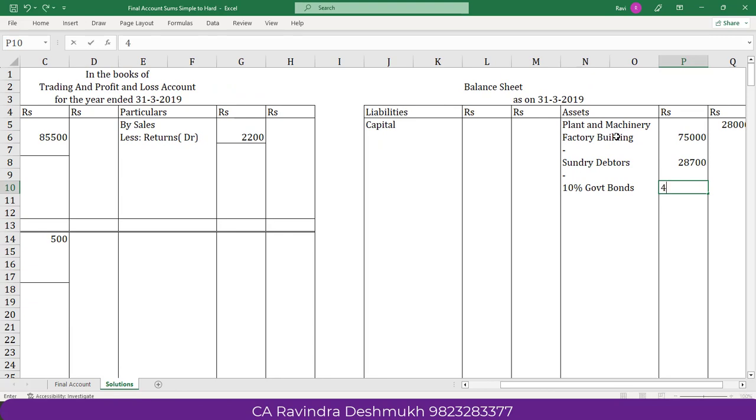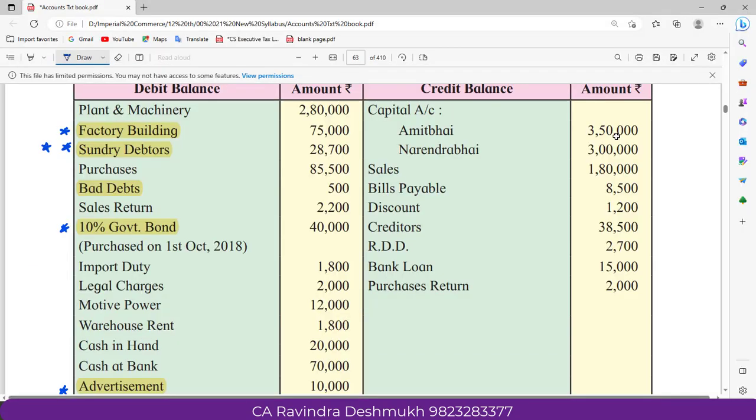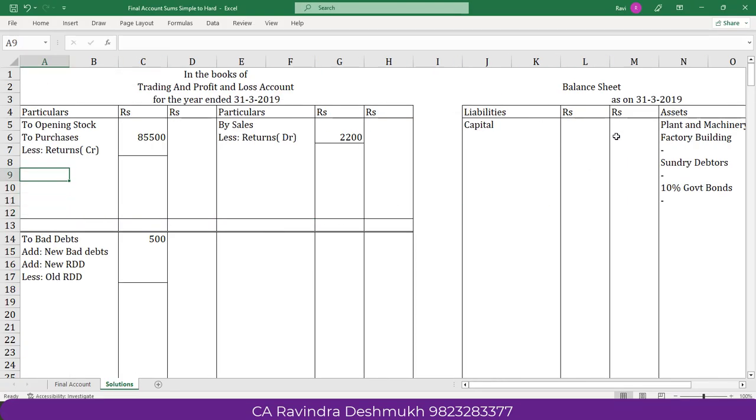Asset side 40,000, but since there is an adjustment, writing in the inner column. Import duty, trading debit side, import duty 1,800, no adjustment.